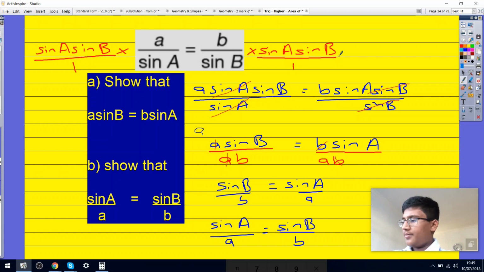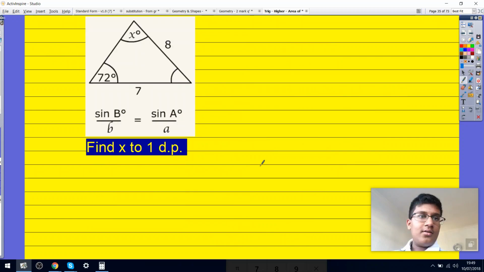Okay, find the missing angle x. I'll draw that quickly. That's x, then 2, then 8, and 7 here. So then we can use the rule.